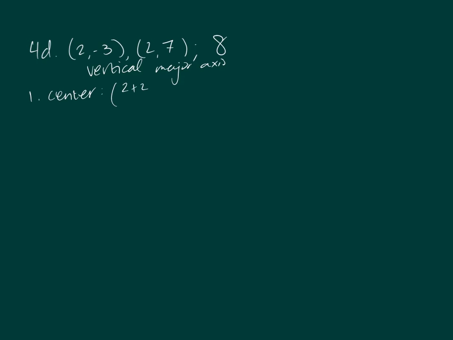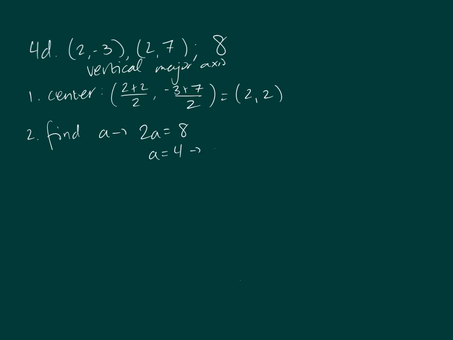So (2 plus 2) over 2, and (-3 plus 7) over 2. This is (2, 2). That's my center. Okay. Then we need to figure out a, which is 2a is equal to 8. A is 4. So a squared is 16. And this is going to go under the y term and is positive. Since, again, we have a vertical major axis here.